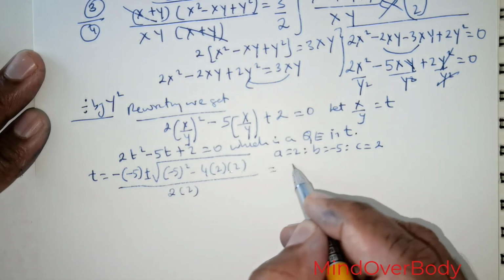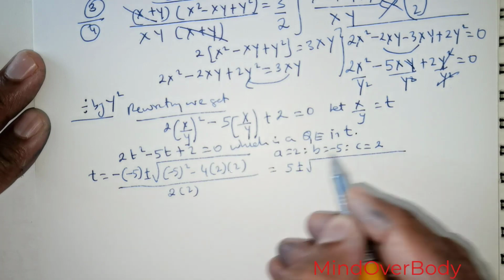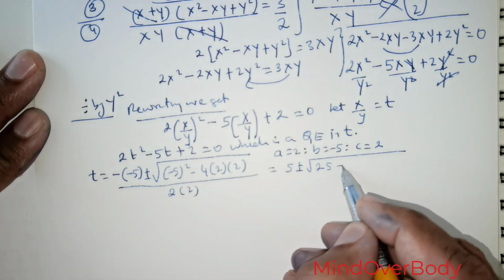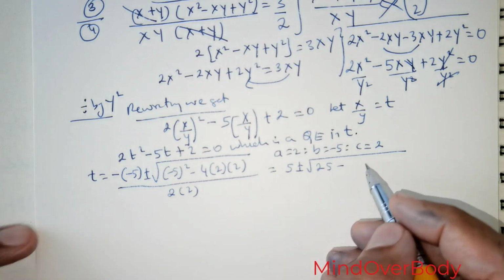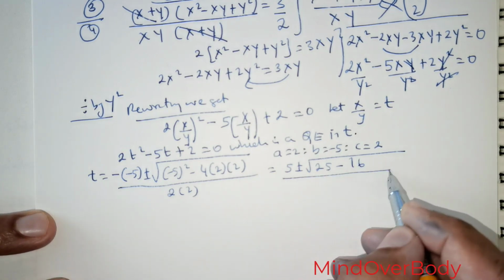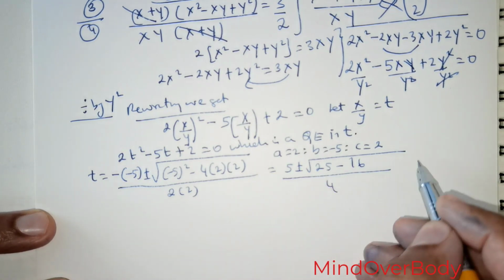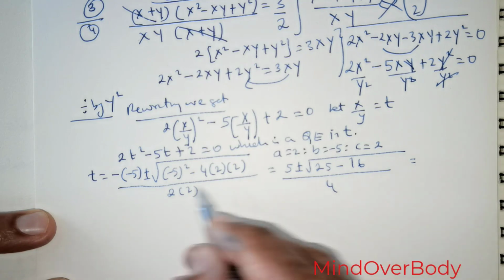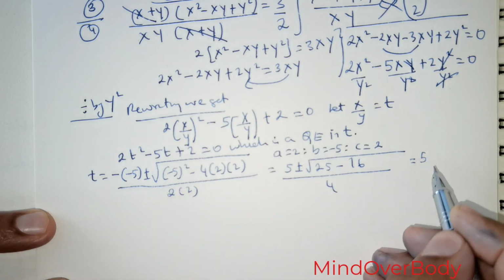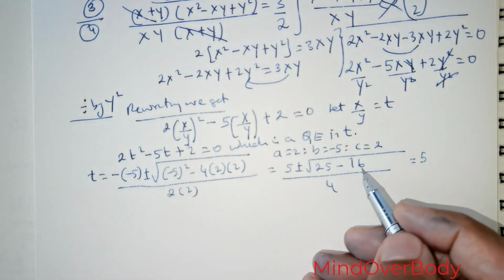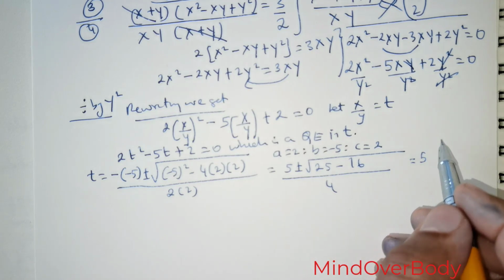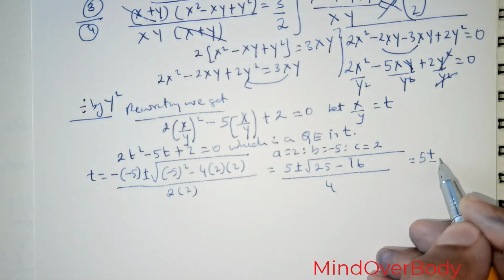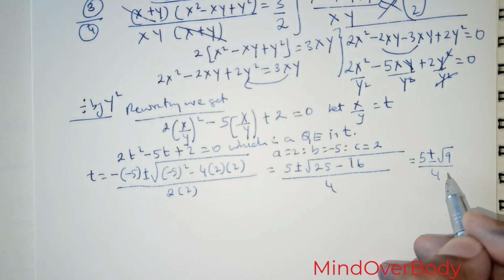Now I can rewrite this as 5 plus or minus the root of 5 squared, which is 25, minus 4 times 2 is 8, 8 times 2 is 16, divided by 2 times 2, which is 4. Now 25 minus 16 is 9. So plus or minus the root of 9, divided by 4.